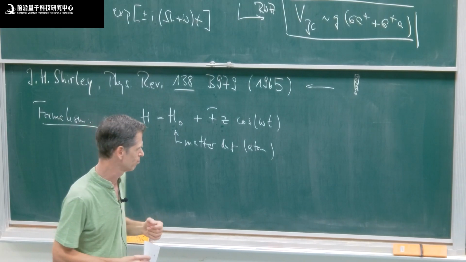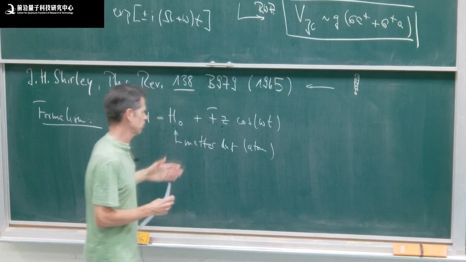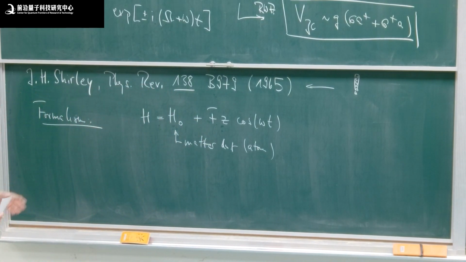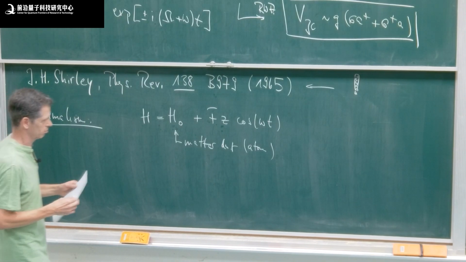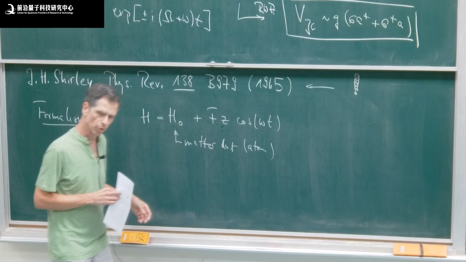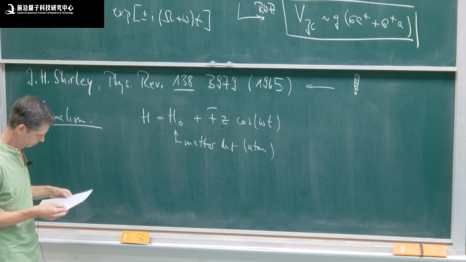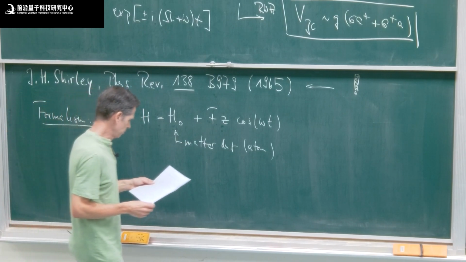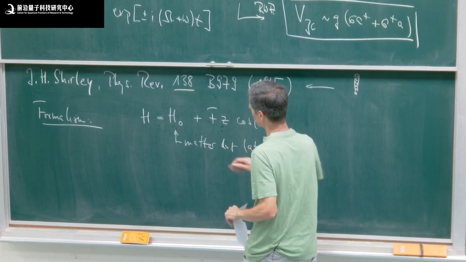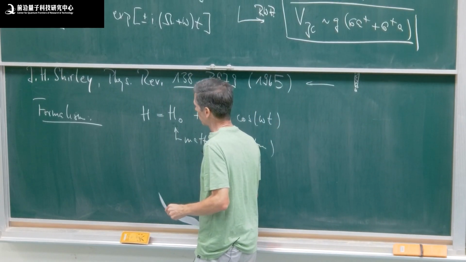So that's an implicit assumption, but it's also not surprising. That's what you would often see in elementary quantum mechanics courses when you take a perturbation which is not time dependent. And now we assume that H naught is already diagonalized.